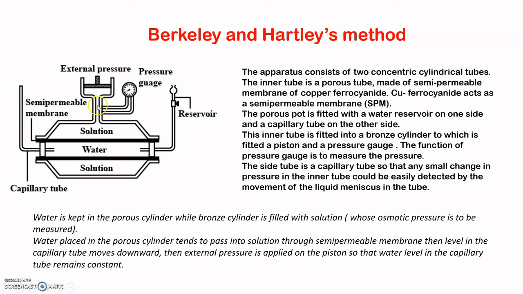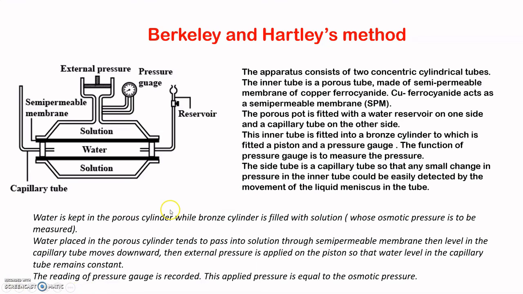When you apply an external pressure, the pressure is exerted on the semi-permeable membrane, and no solvent molecule will pass across it. That pressure which stops this movement of solvent molecules is measured using the pressure gauge, and that will be the osmotic pressure of the solution. So that's how the osmotic pressure is measured using the Berkeley-Hartley method.